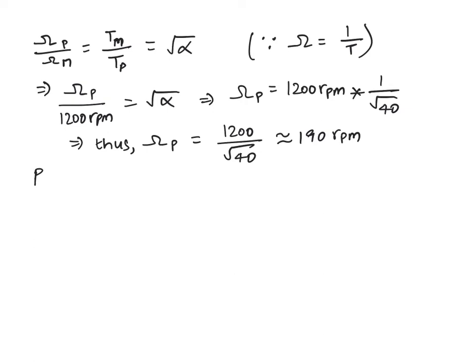To find the output power, the power of prototype to power of model would be equal to the repeating variables, which are density of the liquid for prototype by density of model, whole times omega P by omega M whole raised to 3, multiplied by dP over dM. I'm directly jumping over here.